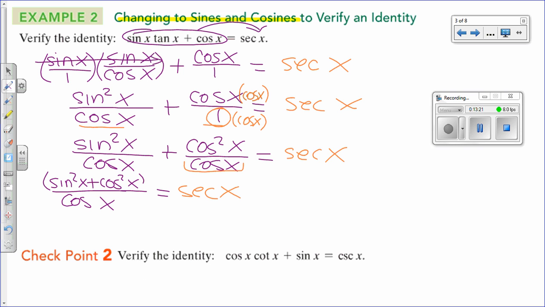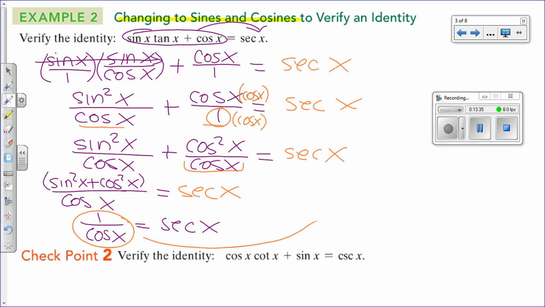So this together is 1. So 1 over cosine x. And isn't it true that by the reciprocal identity, this one is equal to secant x? So now we could say that the left and the right side are equal. So the identity is true.